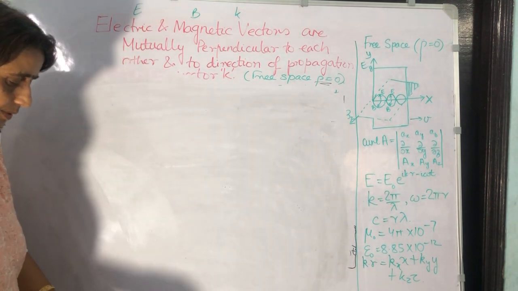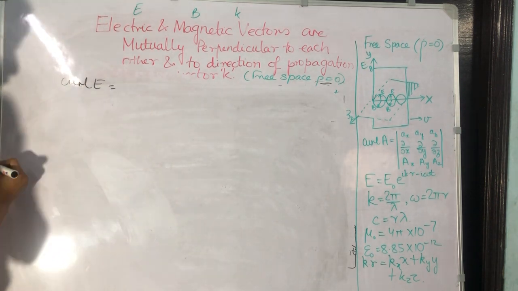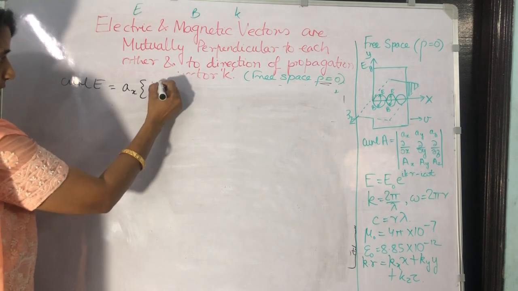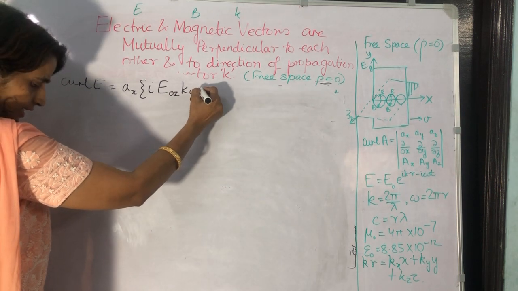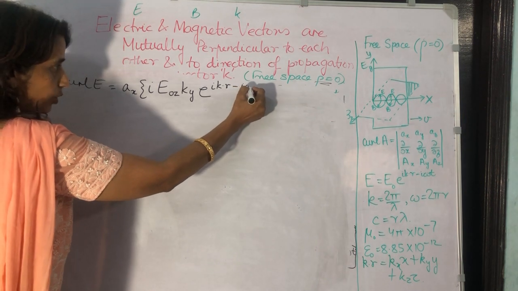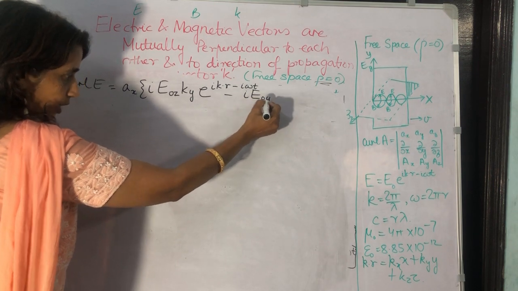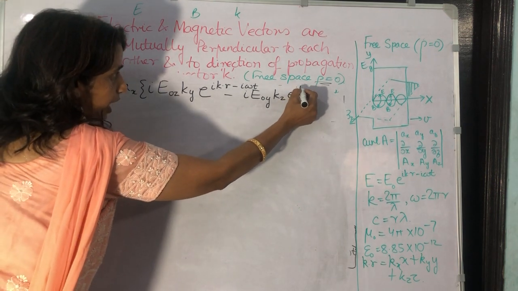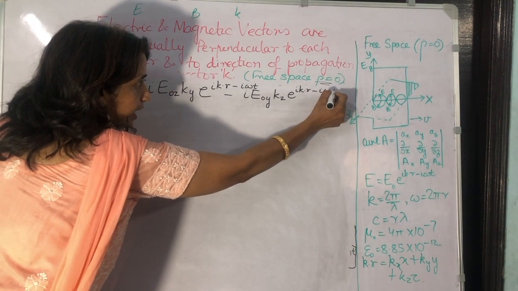On differentiating the expression, we get curl E equal to ax into i E naught z ky e to the power of i k dot r minus i omega t, minus i E naught y kz e to the power of i k dot r minus i omega t.